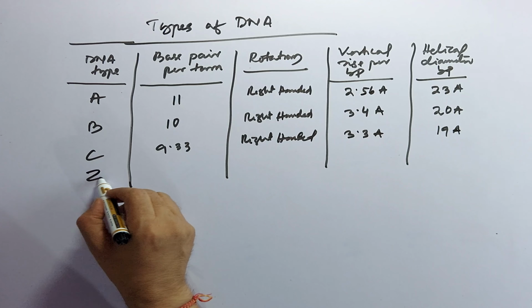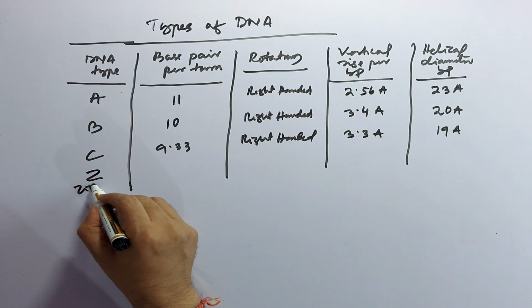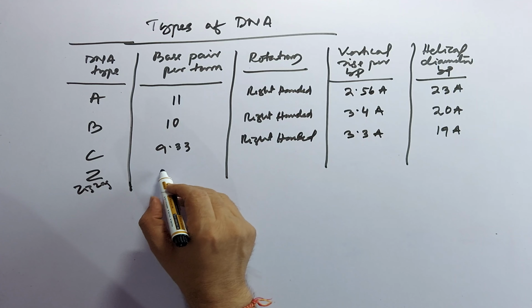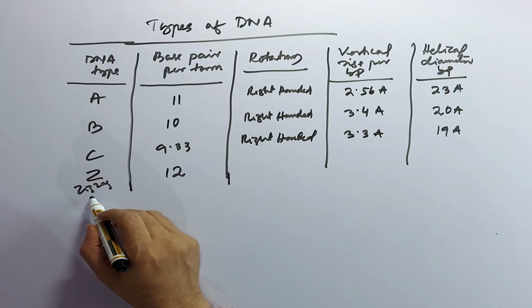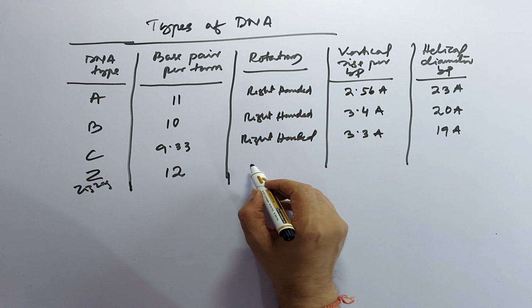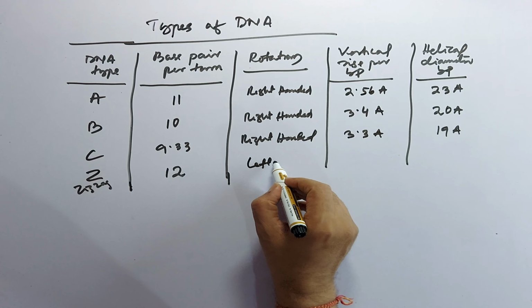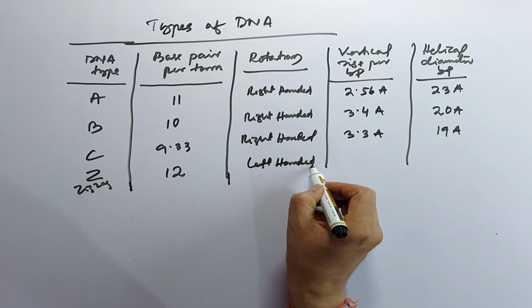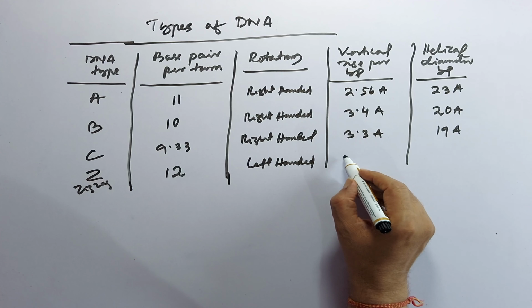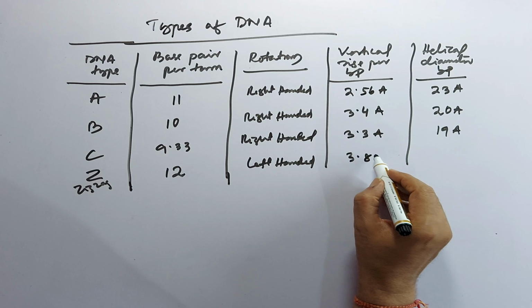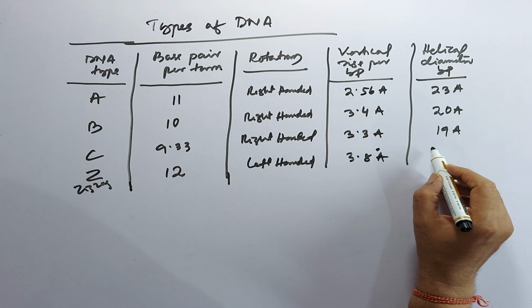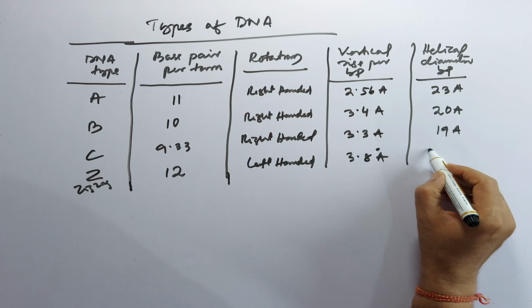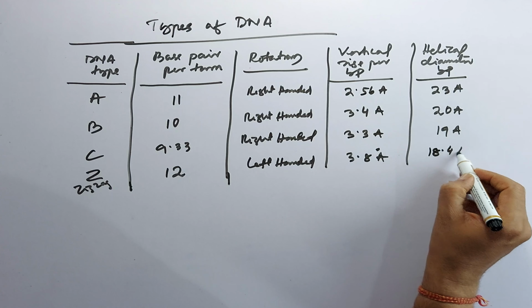And Z-DNA is also called zigzag DNA because the 12 base pairs are very compactly arranged forming a zigzag, and it is left-handed, with vertical rise 3.8 angstrom and helical diameter 18.4 angstrom.